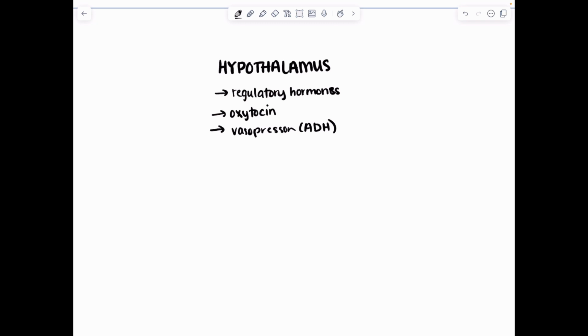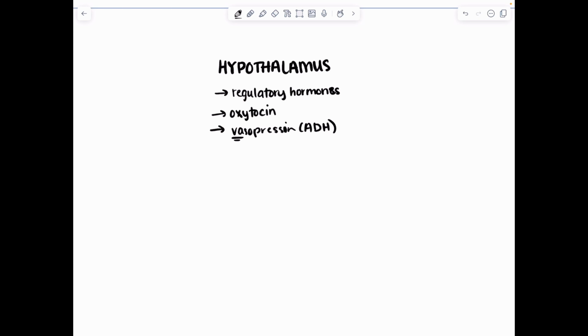Those are the two names you might see, ADH or vasopressin. ADH is going to involve the kidneys, and we'll talk more about that when we get into the urinary system. But it is going to make it so that we keep water in our system and that we don't excrete the water in urine. It's called vasopressin because when I keep water inside, it's going to constrict, or vasopress, my vasculature.